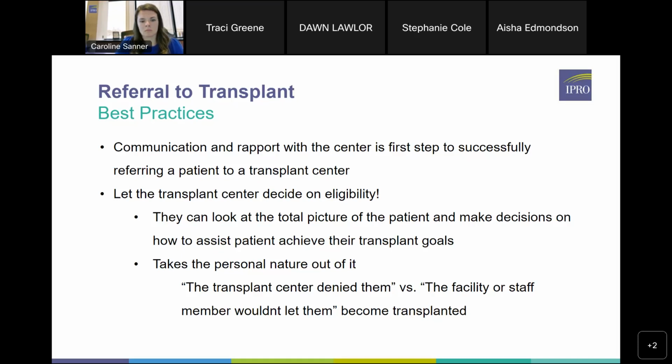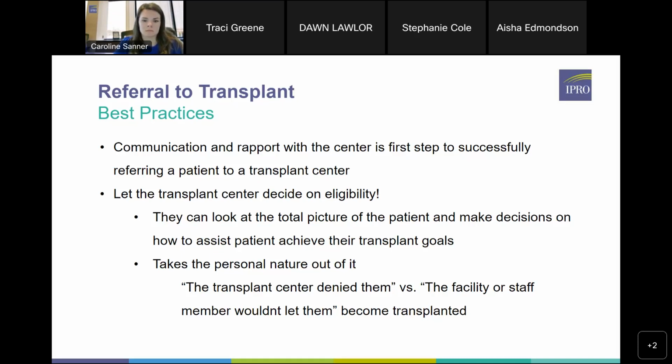We have the eligibility sheets for both of our transplant centers, Yale and Hartford Hospital, but they really should be the people that explain this to the patient, especially if the patient is really, really dead set on getting a transplant.